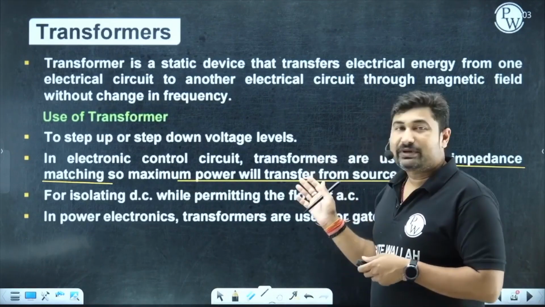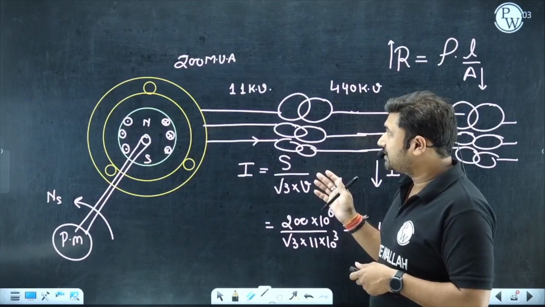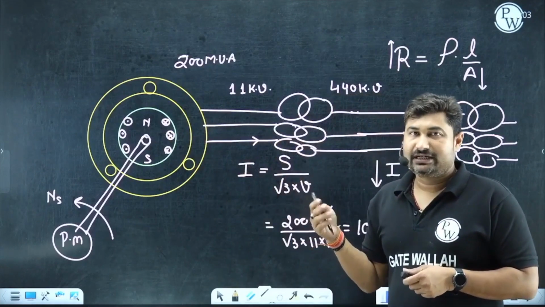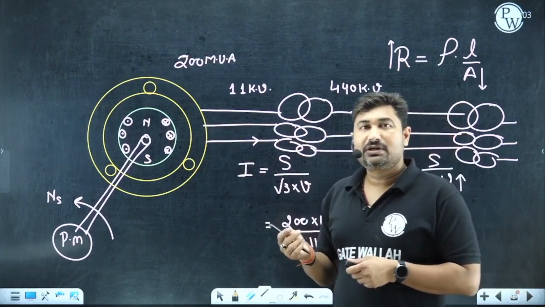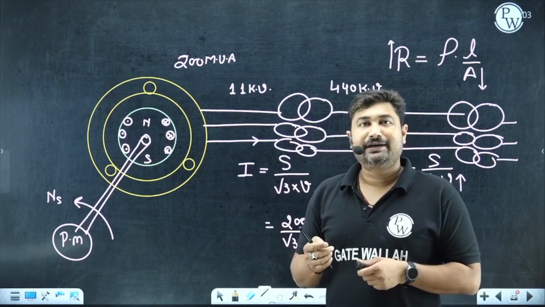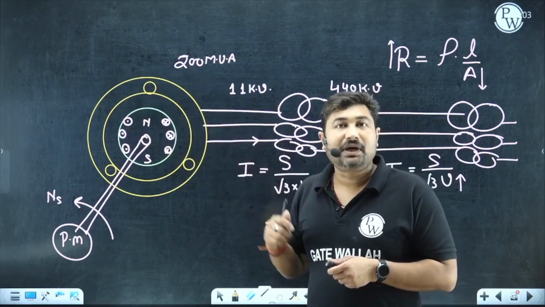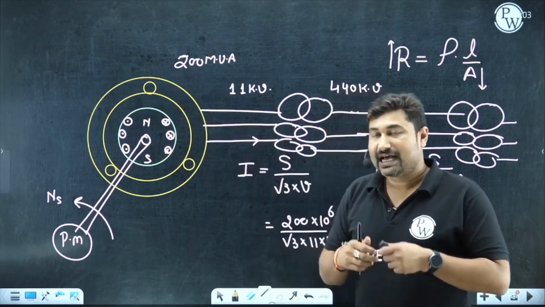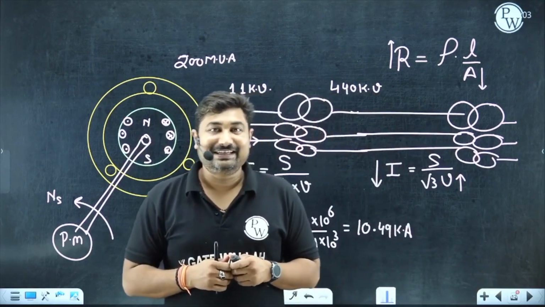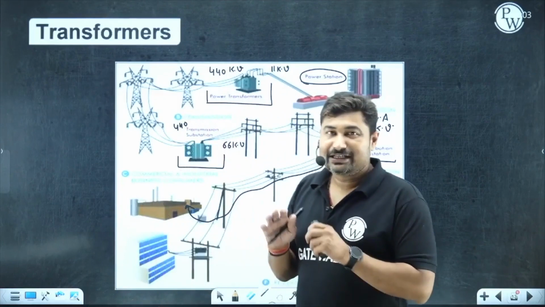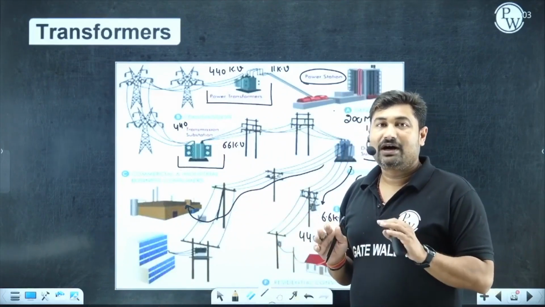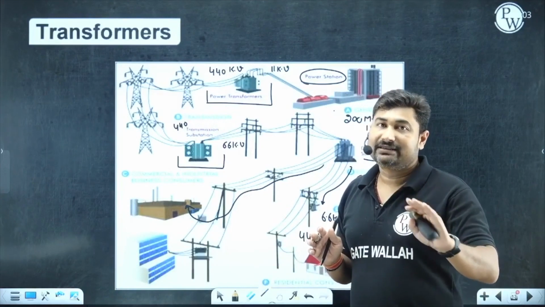You have already seen that power is going to be transmitted from here. So when we reduce the voltage, then current is going to increase. Yes, of course. But that current is not only coming to your house. The current is distributed into multiple different houses as well as different industrial loads. So the thickness of wire is not needed to be very high. If we have to flow a 100 ampere current in one wire, then thickness is high.